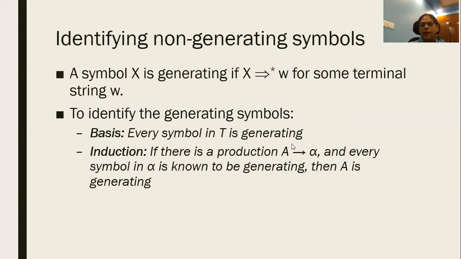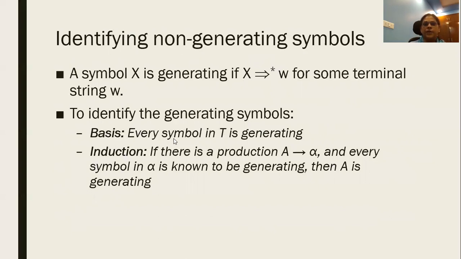To identify non-generating symbols, we first identify generating symbols, and all the remaining symbols are non-generating. Identifying the generating symbols is a two-step process. The basis process is applied only once, and the inductive process is applied repeatedly till you can add no more element to the set.